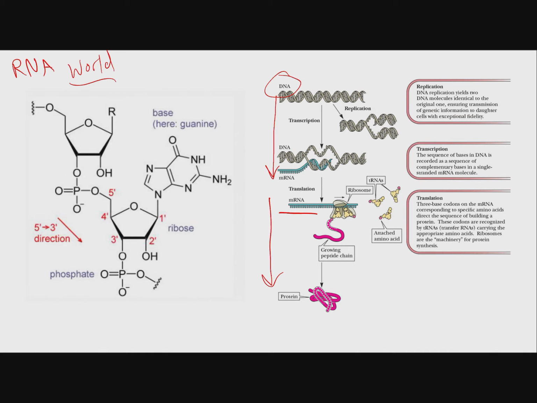RNA catalysts, however, remain as a remnant of that early world. So we still have some of the leftover catalytic RNA molecules, even though peptides have largely taken over the role of catalysis. Even the formation of peptide bonds, which is essential for the synthesis of proteins, is catalyzed by RNA.